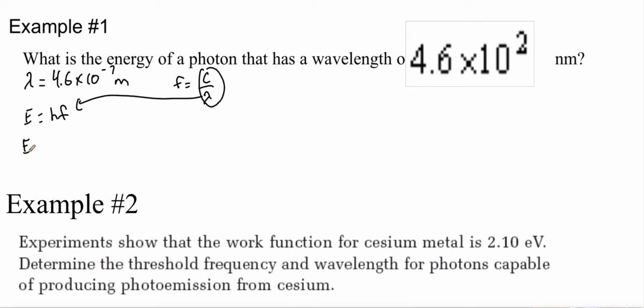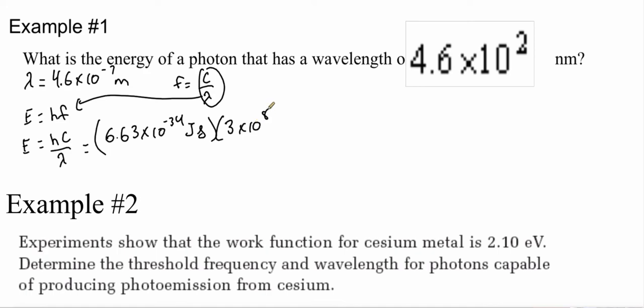So I'm going to get energy is equal to Planck's constant multiplied by the speed of light divided by my wavelength, which is going to be equal to Planck's constant, 6.63 times 10 to the negative 34 joule seconds, multiplied by 3 times 10 to the 8 meters per second, all divided by 4.6 times 10 to the negative 7 meters.